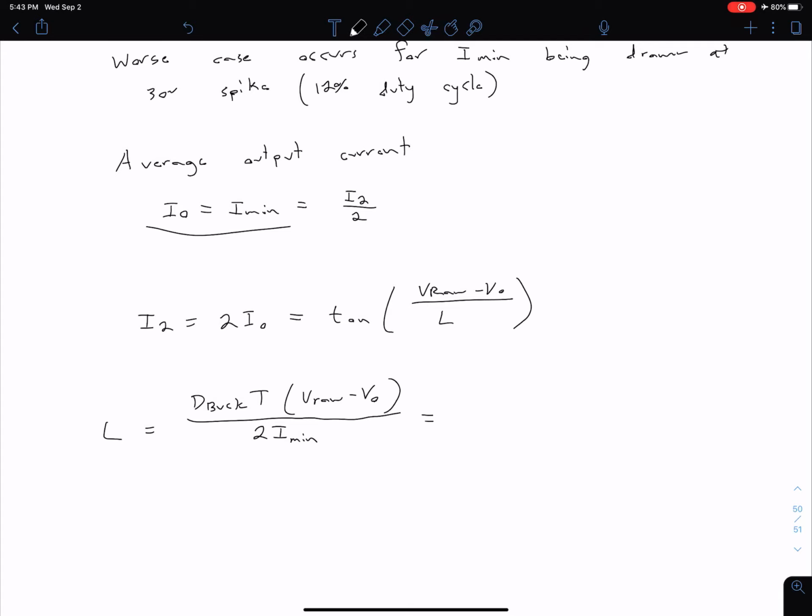Okay, so now it's just a matter of plugging in our values. Remember, we're talking about this worst case scenario where we have our 12% duty cycle, so D buck is 0.12. Our T is 2.5 microseconds, so 2.5 times 10 to the minus 6 seconds. V raw, for this worst case, is that 30 volt spike, minus our V out, which we're assuming is constant at 3.6.